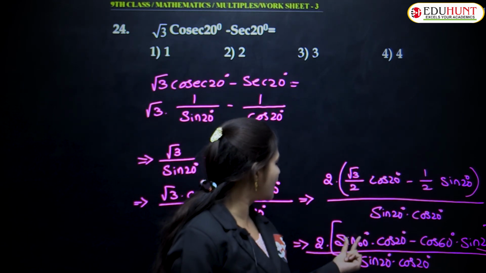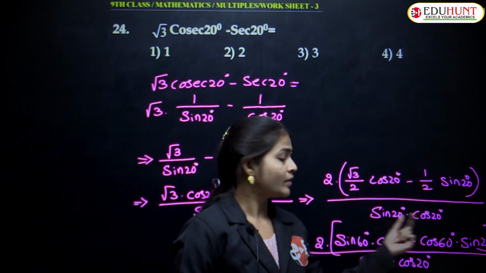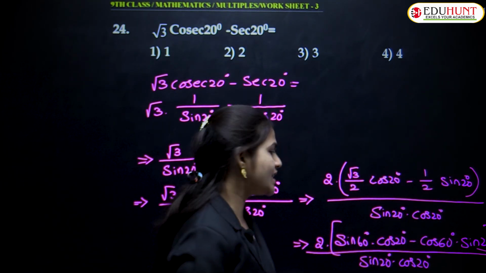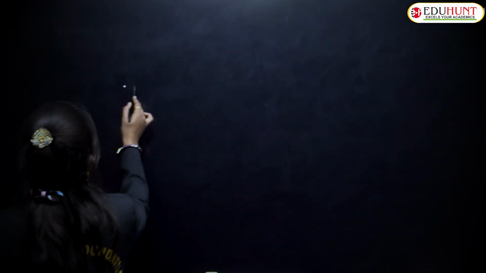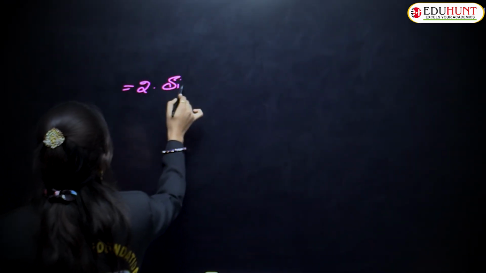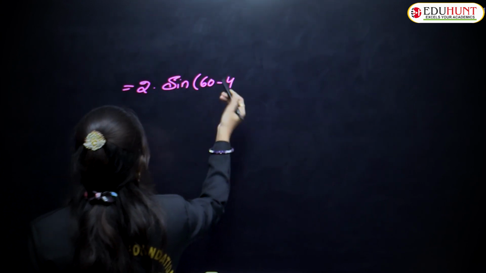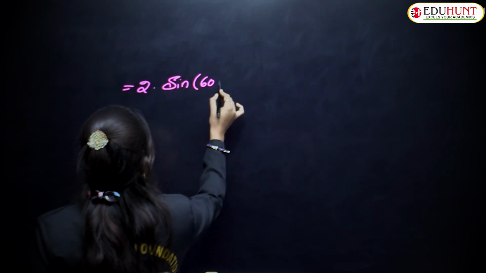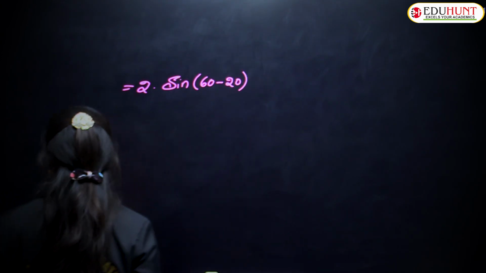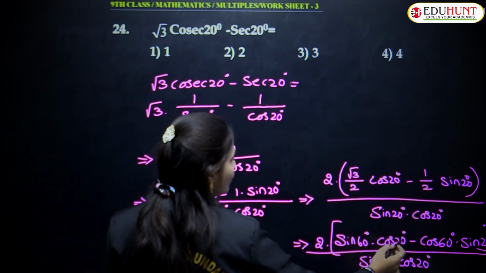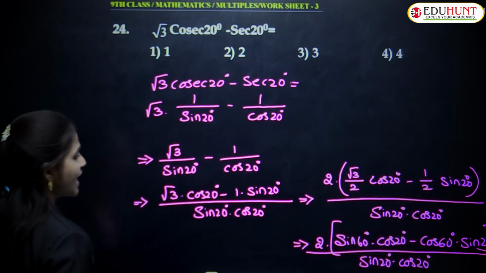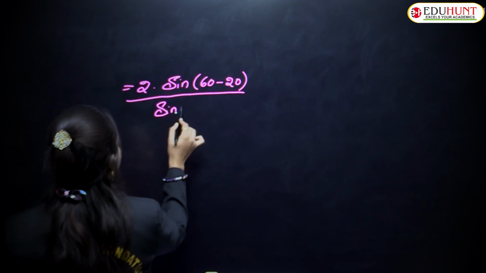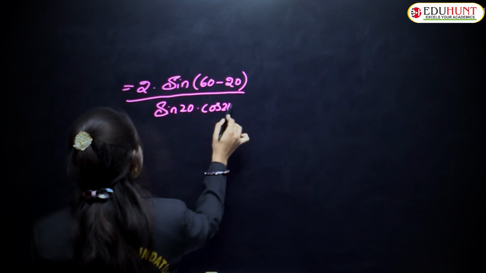Now just observe that this is in the form of sin A cos B minus cos A sin B. Sin A cos B minus cos A sin B is the formula for sin of A minus B. So which is equal to 2 into sin of A minus B, where A minus B means here 60 minus 20, whole by sin 20 into cos 20 degrees.